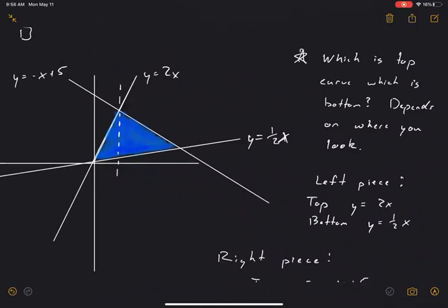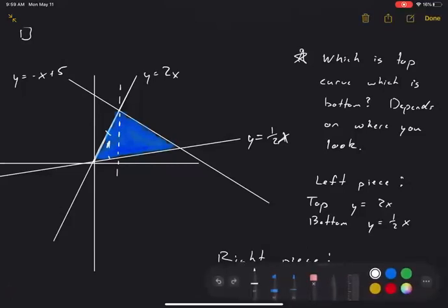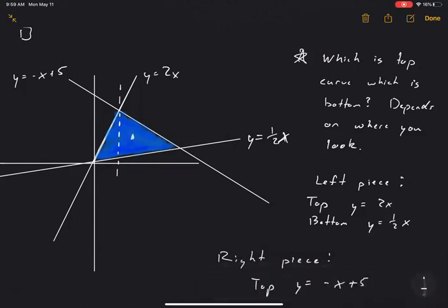Well, that really depends on where on the graph we're looking, right? If I'm looking inside this left triangle here, well, right now the y equals 2x is on top and the y equals 1/2 x is on bottom, right? But if I come over here to this right piece, that situation changes, right? Now this negative x plus 5 is on top and y equals 1/2 x is on bottom.